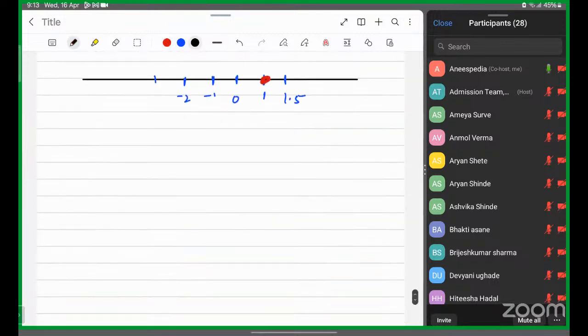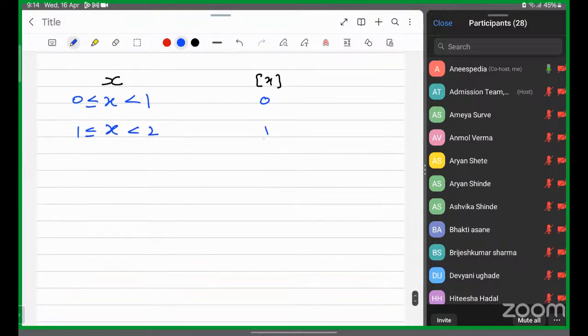In other words, we can write it as for different branch of x, we have different value for greatest integer x. For example, if x is in between 0 to 1 including 0, greatest integer will be 0. If x is in between 1 to 2, greatest integer will be 1.